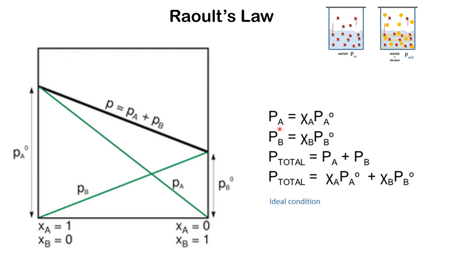If Pa is the partial pressure created by A, which is alcohol in our case, and Pb is the partial pressure created by B, which is water in our case, the total vapor pressure over the solution is the sum of the partial pressure created by A and the partial pressure created by B. Notice here that the partial pressure created by A depends upon the relative concentration of A with respect to B. Here XA and XB represent the mole fraction of A and B in the solution.